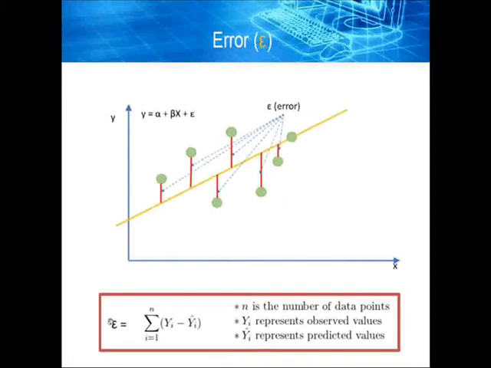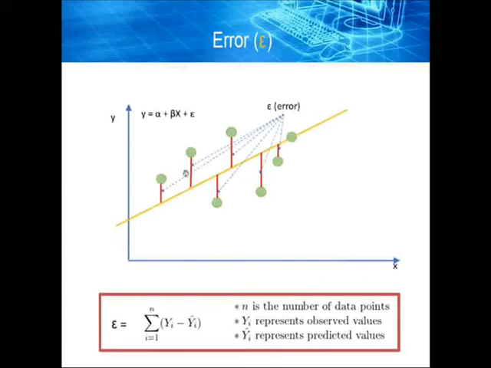When we find the value of error, how do we calculate it? Error is the difference between the observed value and the predicted value, and we add up all the error points, represented with the number of iterations. We consider i equal to 1 to n, that is, n data points are considered with various iterations.